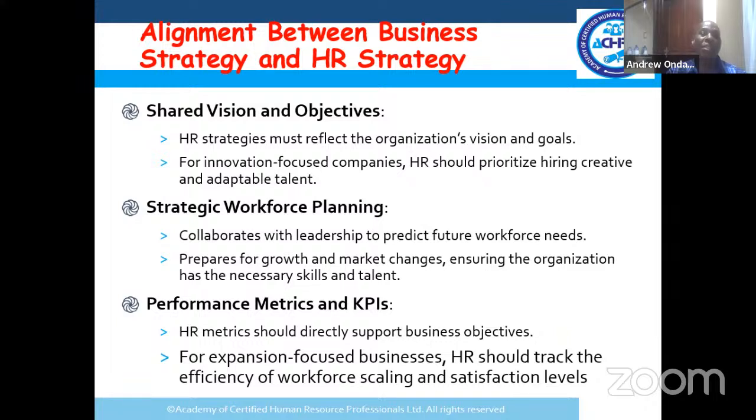One is the element of the vision and objectives. Vision is your aspiration, your future dream, or the position you want to occupy in future. The objectives is what you want to achieve over a given period of time, which could be 3 years, 4 years, or 5 years, depending on the duration or the length of your strategic plan.